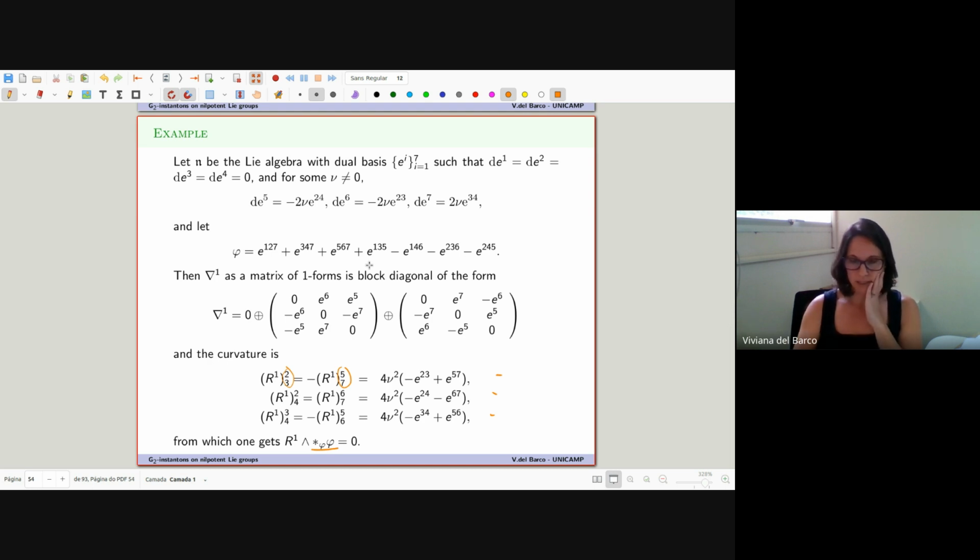Okay, so it is an instanton, and you can also compute that, although the instanton condition usually does not give you holonomy in G2, in this case the holonomy is SO3, which fits inside G2 inside SO7. Okay.